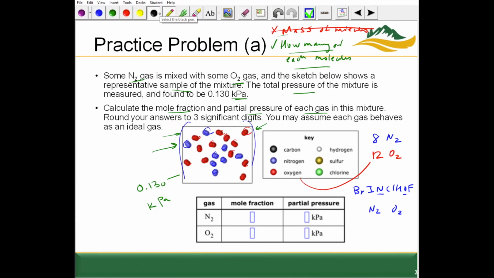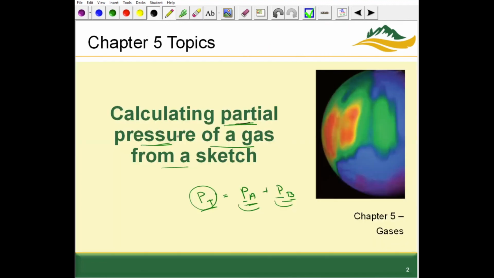For these partial pressure problems, we now have how many N2 and how many O2. What's also going to be important is that we connect how many of A and B, or how many of N2 and O2, there are relative to the total number of molecules.